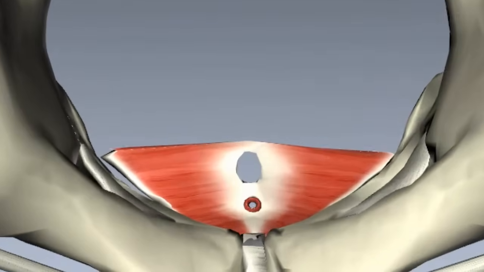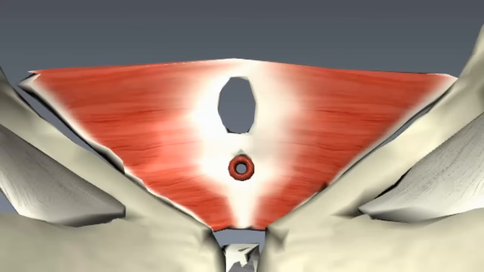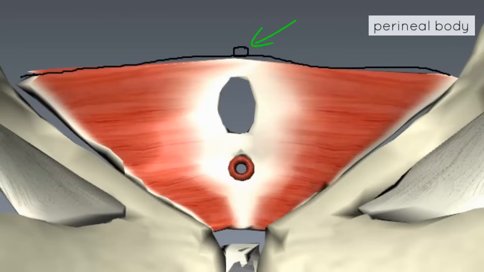Remember, we're looking at a model of a woman, so we've got the vaginal opening here and we've got the urethral opening anteriorly. First we'll look at the muscles in the female because they've got two more muscles than men. We've got this free border of the perineal membrane at the posterior aspect, and in the midline we've got this little body called the perineal body, which is a fibromuscular connective tissue node which connects the structures of the perineum to the pelvic cavity above, the pelvic floor above.